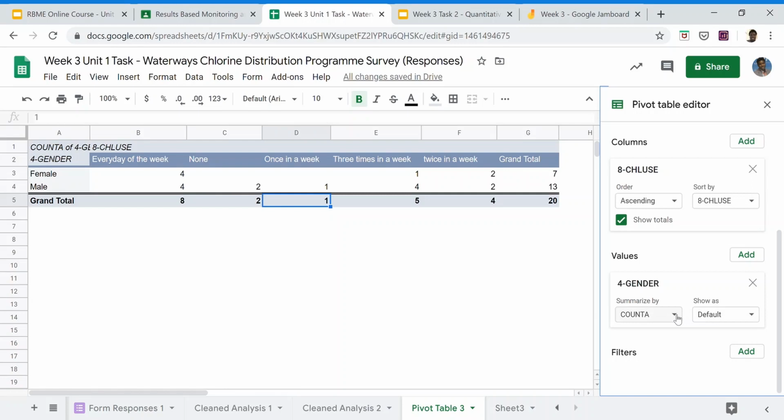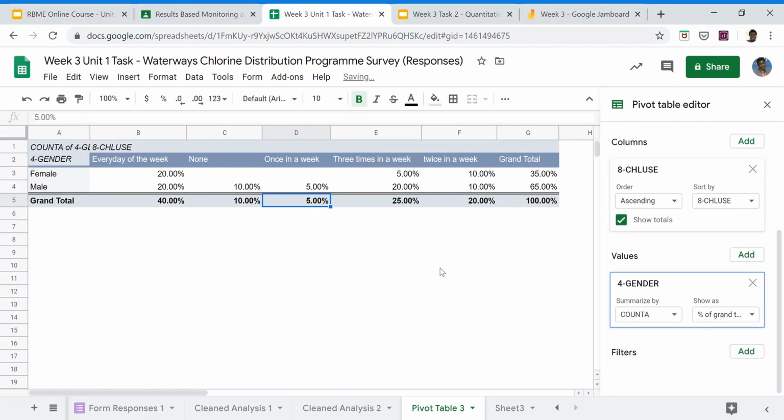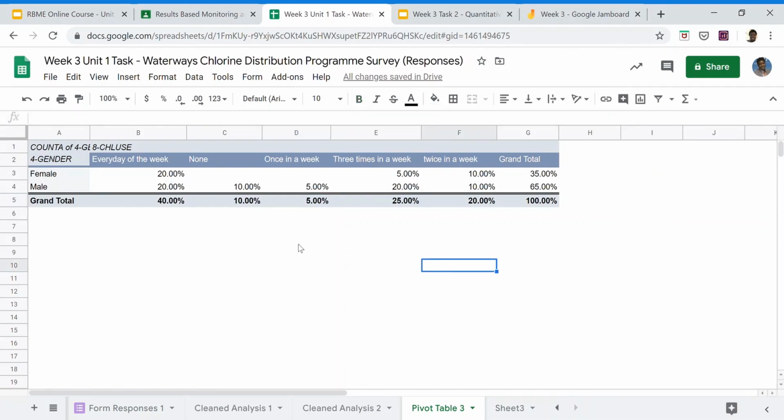You can start making lots of inference. So the values, you can show it as percentage of grand total, which means the percentage of every other one.